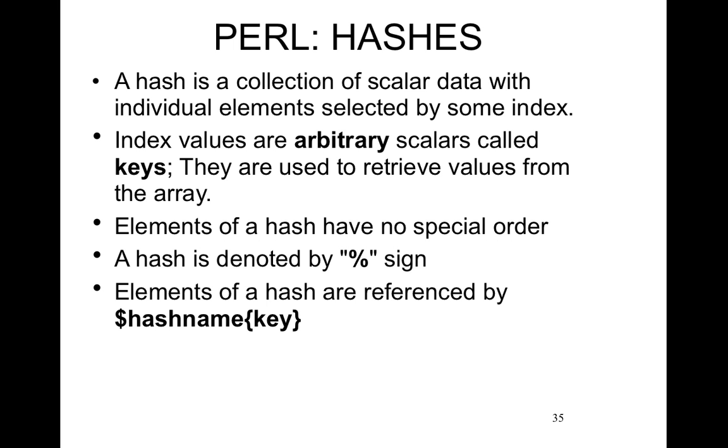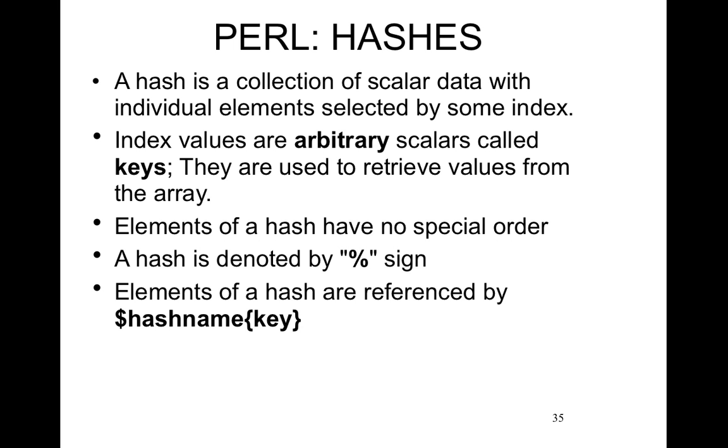So it's nothing more than an elaborate array structure with named keys, and the elements of the hash have no special order to them, where they do in an array. An array has a first, a second, a third. Hashes don't have an implied order. And the hash is denoted by the percent sign symbol, as we saw in the earlier examples. So elements of a hash are referenced by the hash name, and then we have the curly brackets with the key.